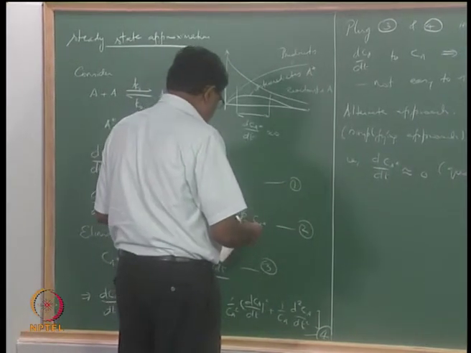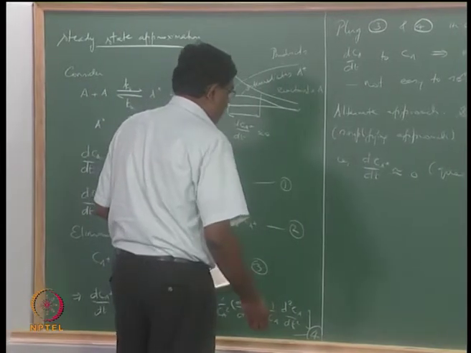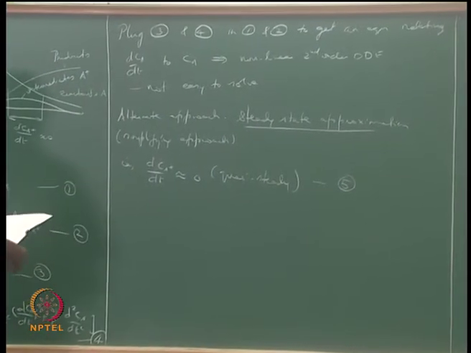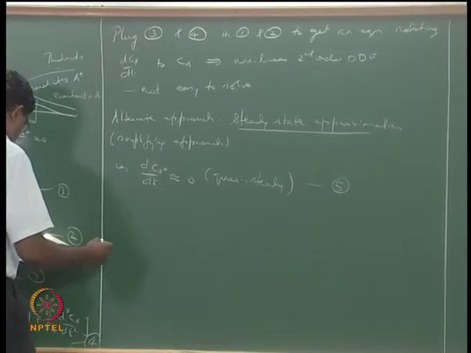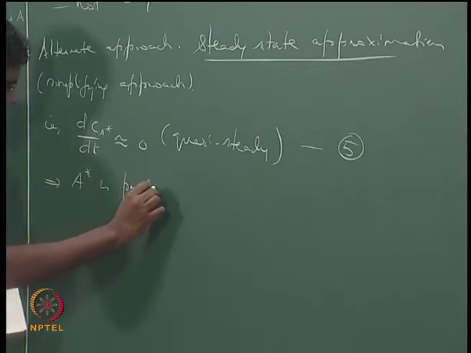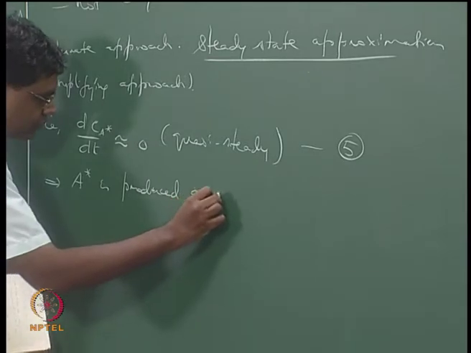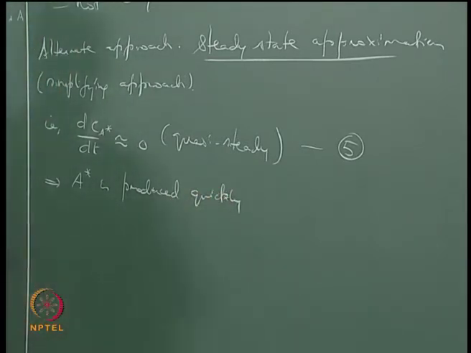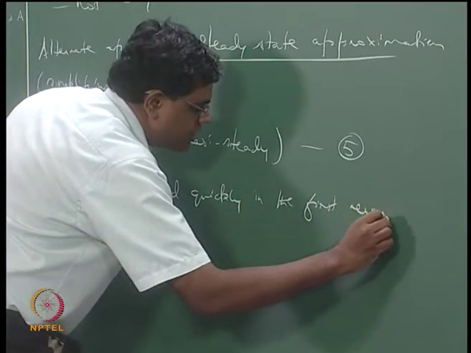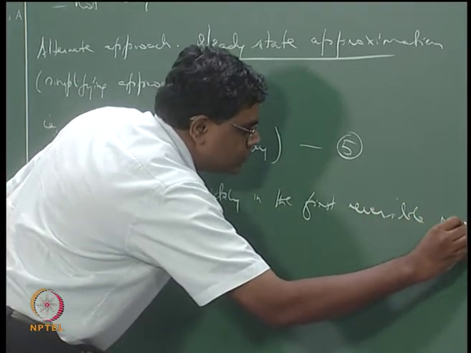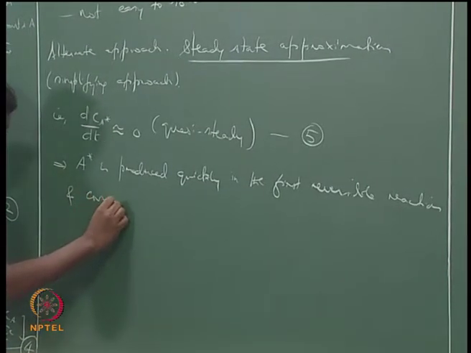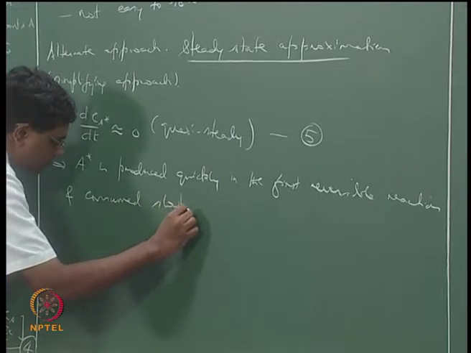So call this equation 5, and what this means is A star is produced quickly in the first reversible reaction and consumed slowly, right.